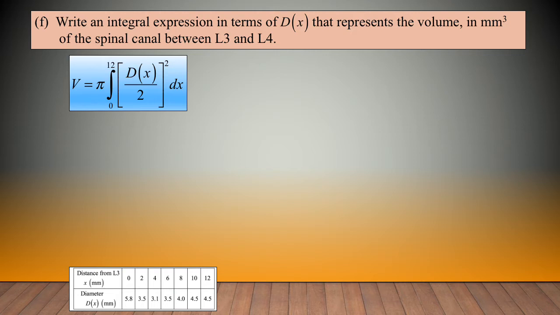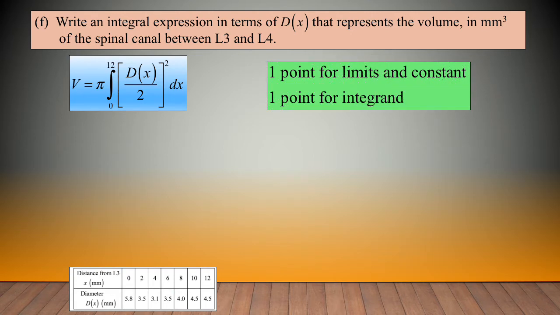The radius is d of x over 2, so V will equal pi times the integral from 0 to 12 of (d of x over 2) squared dx. This is the disk method. 2 points for this problem, 1 point for the limits and constant, and 1 point for the integrand.